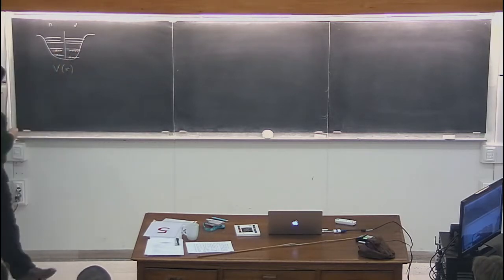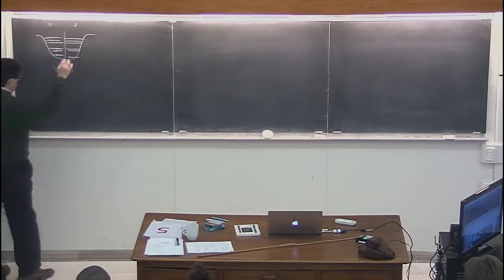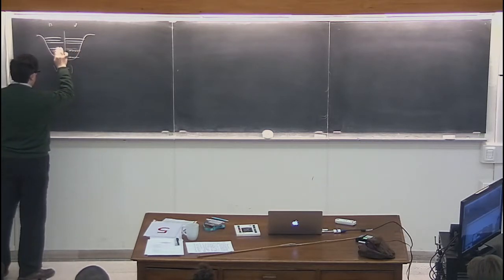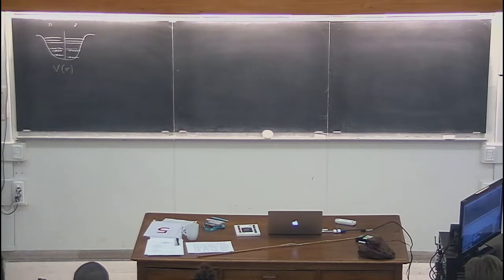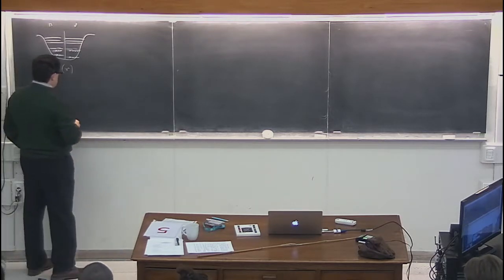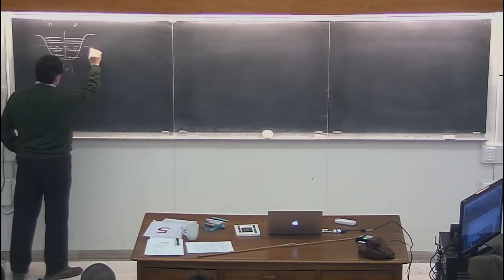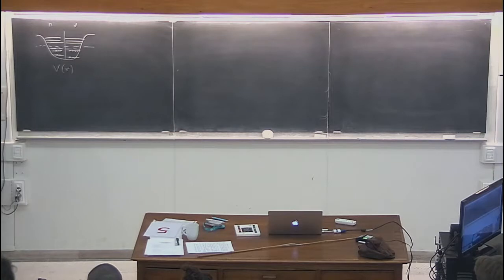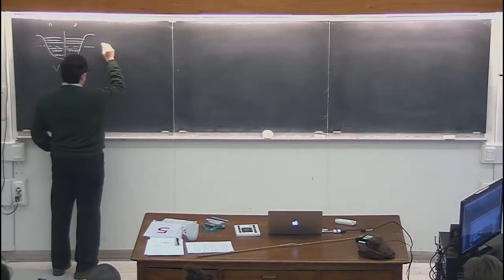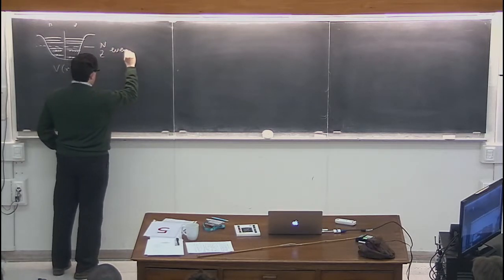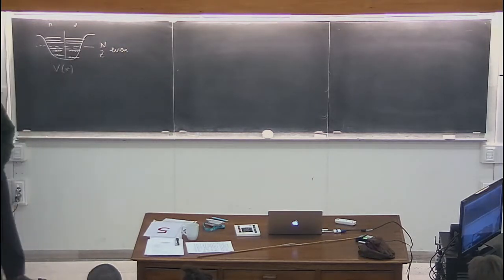For example, this would be kind of carbon 12. Okay, 6 protons, 6 neutrons, and as far as we will have an even number of neutrons and protons, we will take this as a reference nucleus.